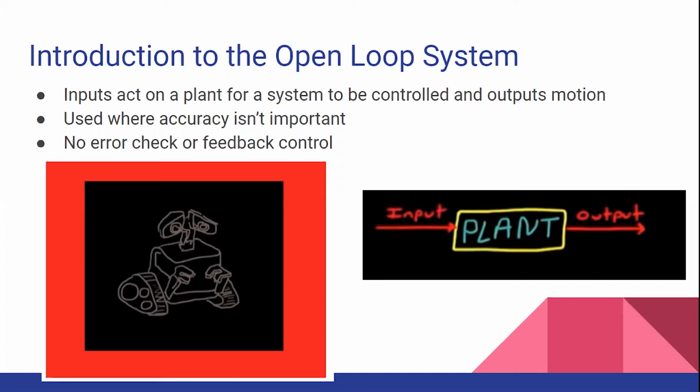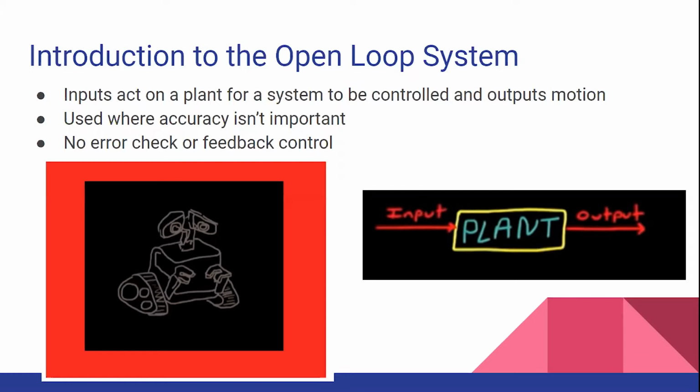When open loop systems first start, they usually don't stop until they finish, and they don't necessarily have feedback control. So if there are errors of any sort, they cannot fix them. So take this example, let's call this robot Wally. Wally has a task to get himself over to at least past the red border.